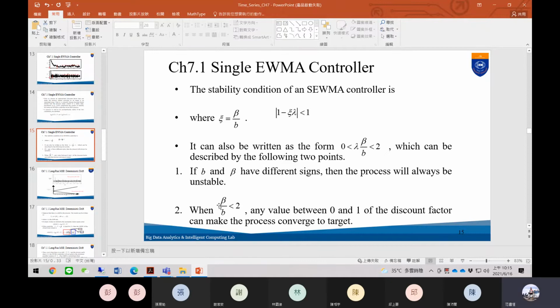So when beta divided by b is less than 2, any value between 0 and 1 of the discount factor can make the process converge to target. This is the stability condition.